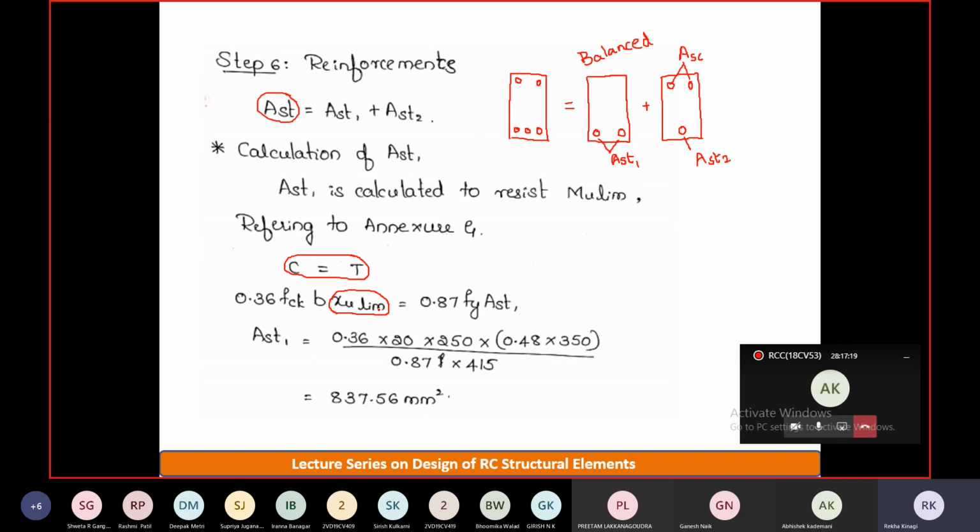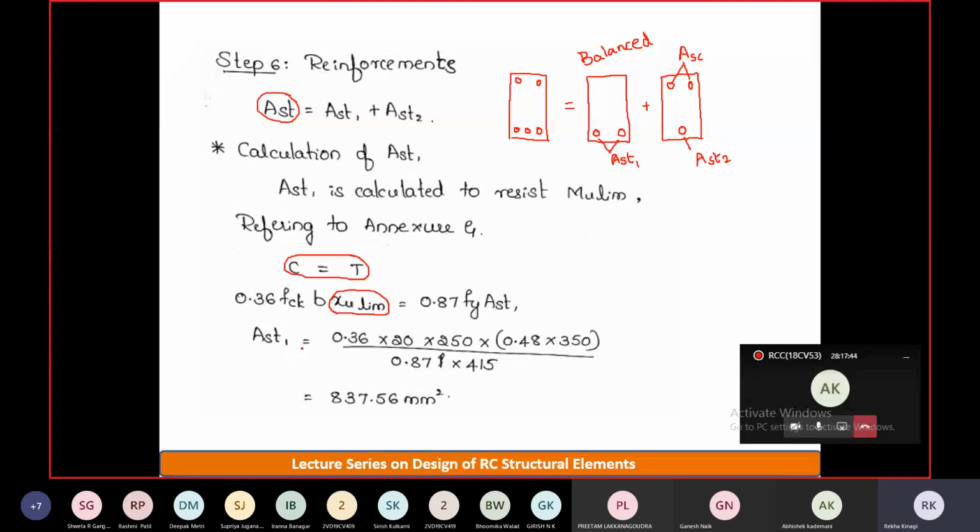And other than this equation, that is AST1, we can also use the equation which we have used for the previous design, that is AST is equal to 0.5 FCK BD divided by Fy into square root of 1 minus 4.6 Mu divided by FCK BD square.